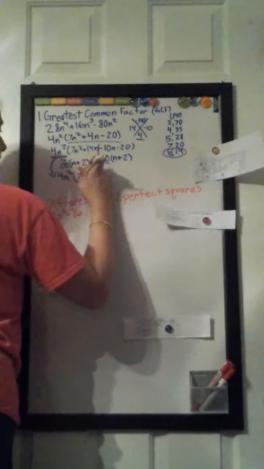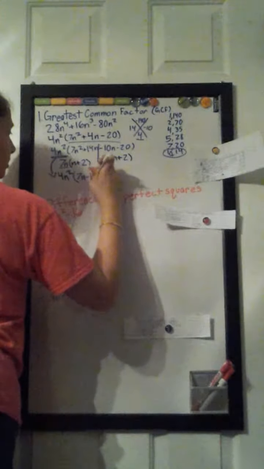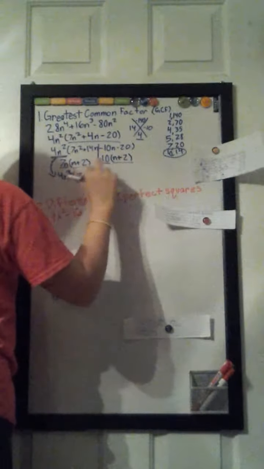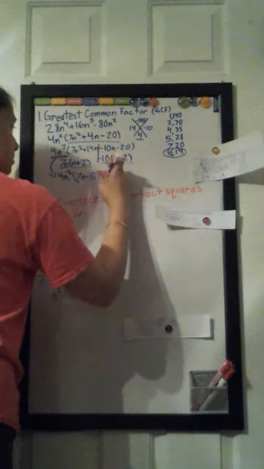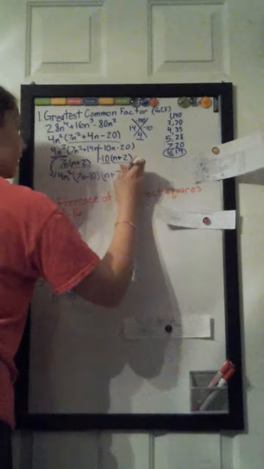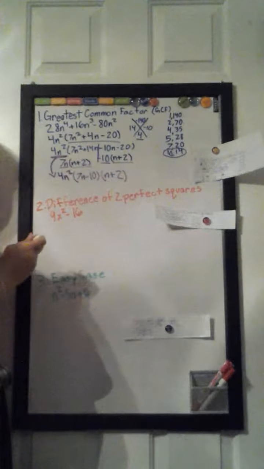So 7n minus 10, and since you don't write the n plus 2 twice, you just do it once. And that is your answer.